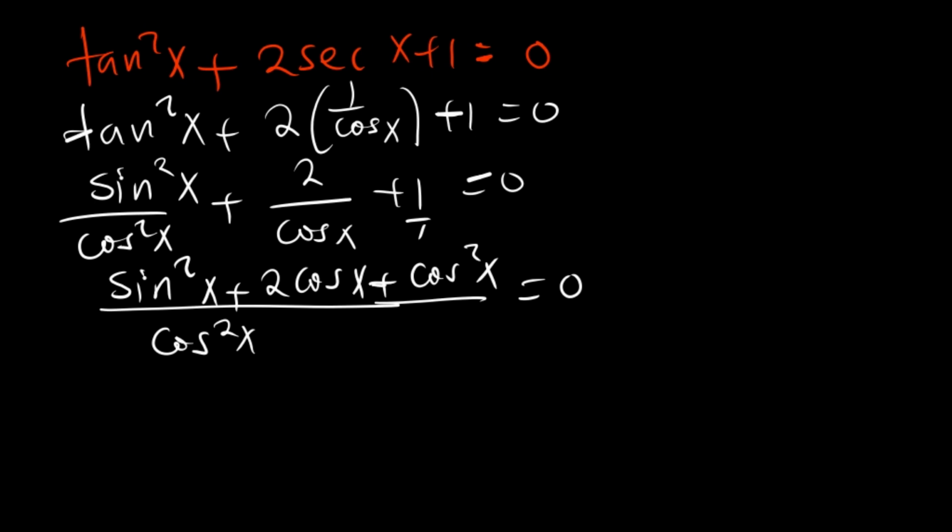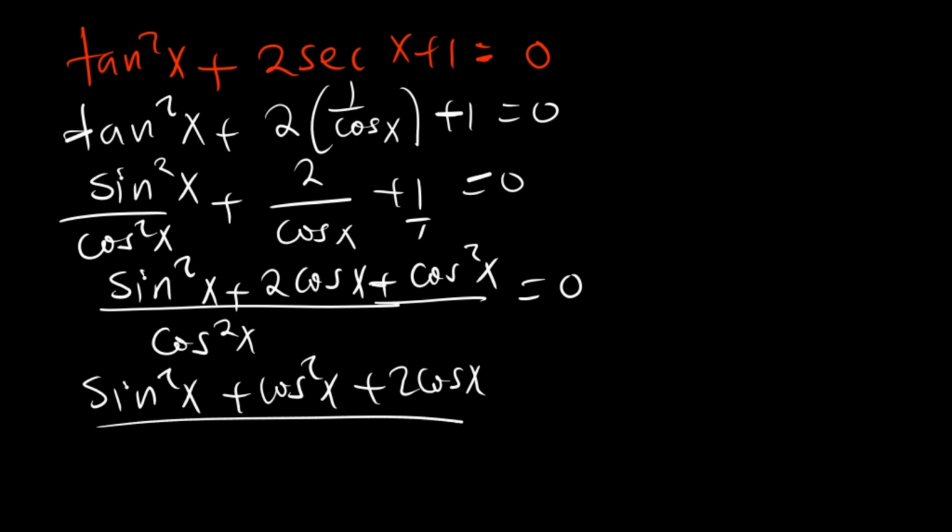Okay? Is that okay? Have you guys seen what I've done? Yeah, so the best thing here, what I'm going to do again is I know that I can say sine squared x plus cos squared x again plus 2 cos x.